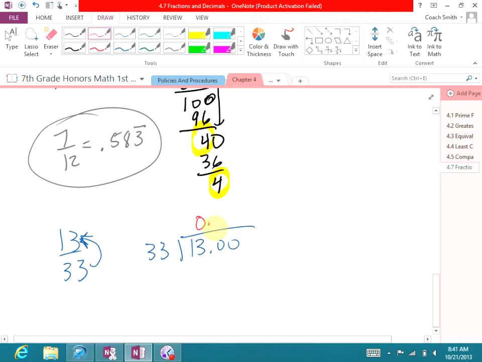33 into 130 goes 3 times. 3 times 33 is 99, and that would give me a remainder of 31. Okay, bring down a 0. So 310. 33 into 310, 9 times. Okay, that would be 297.